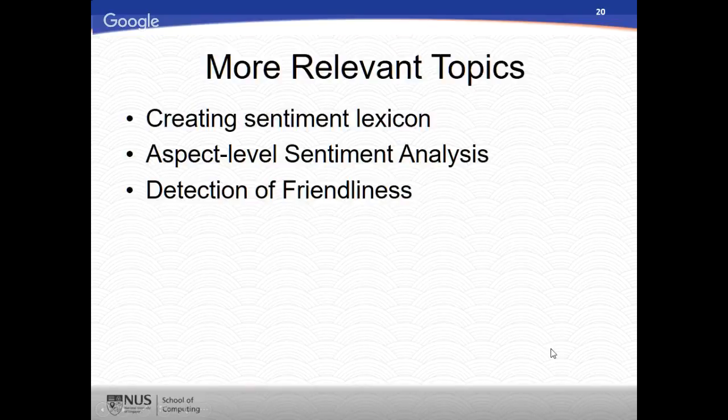And also the detection of friendliness is very useful in chat robots. For example, in automatic chatting robots, right? You chat with them in a very angry, very aggressive mood.